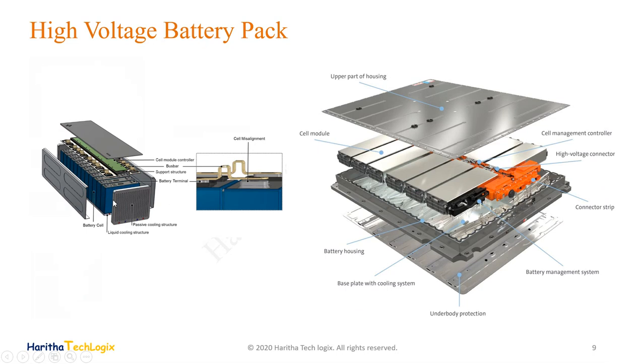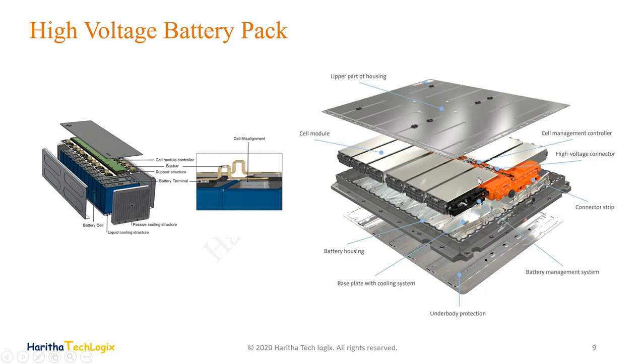Then the battery modules are connected together to build a complete battery pack like this. These battery packs are generally fitted with enclosures. You can see the enclosure, and these enclosures are mainly for providing environmental protection like dust protection and water protection. At the same time, one of the main primary functions of this enclosure is to safeguard these battery packs from any sort of external damage.